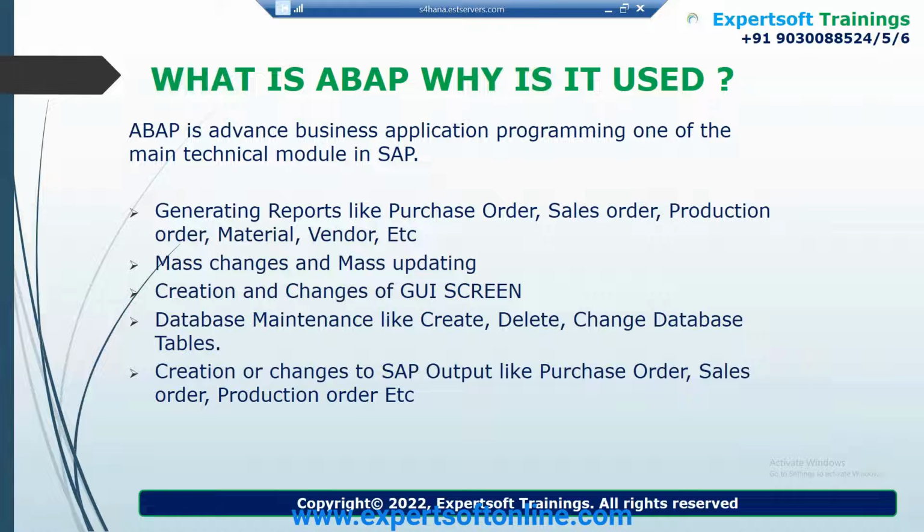Then you can create those screens or create custom code and give that report to your management. If you run this code with a variant, it will show you the required data you want to see. We have different operations we can do in SAP: create, delete, and change database tables.